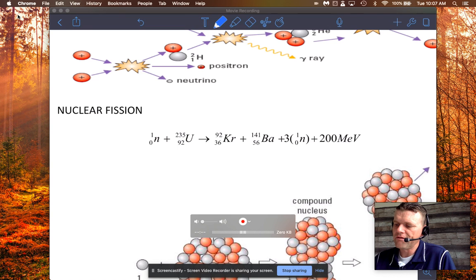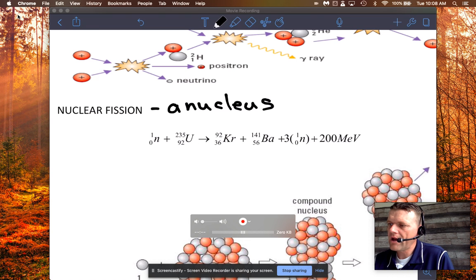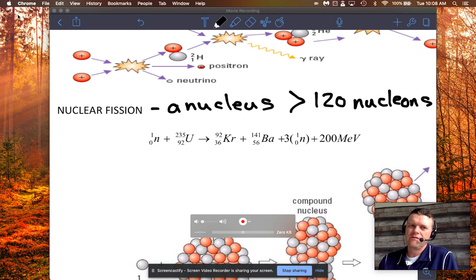What we should say about fission, I guess I should just add this here. This happens when a nucleus that has greater than 120 nucleons. Okay, this is kind of the benchmark. So fission doesn't just happen with anything. You have to have a pretty big element that's not stable because of its size, and then it will on its own split.